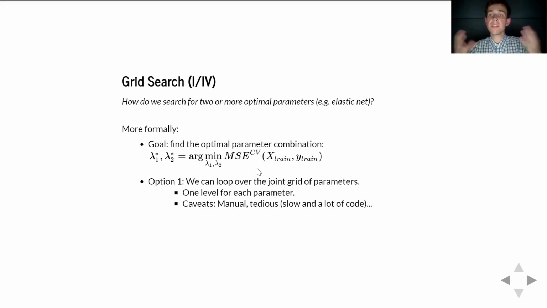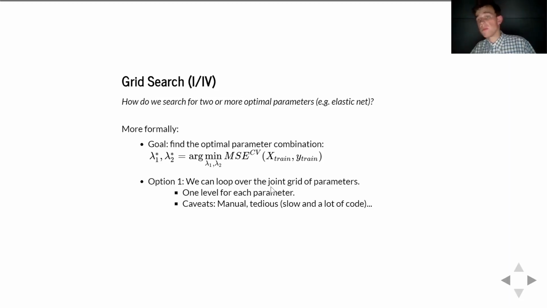This is basically a grid of combinations. So we can loop over this joint grid of parameters, and then we can estimate and evaluate a model for different parameter combinations.